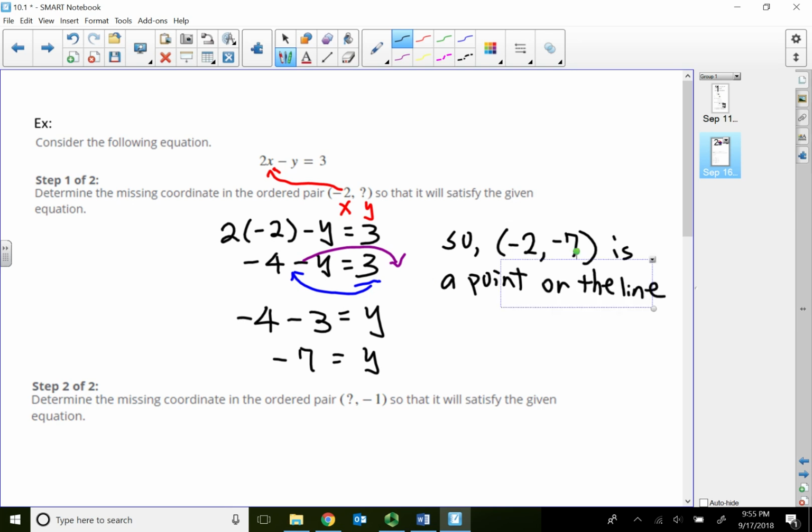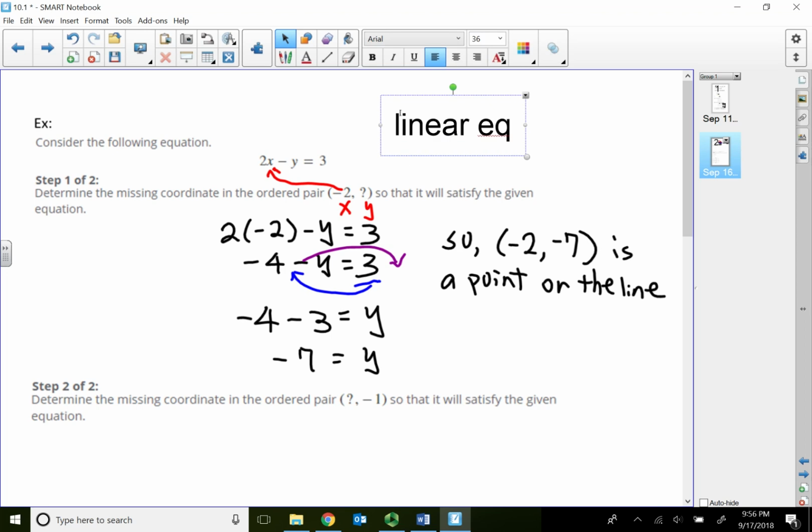Remember, the equation of the line means the equation is the line, the line is the equation. Back in Module 9, we learned how to solve linear equations in one variable. Now what we are looking at is called a linear equation in two variables.